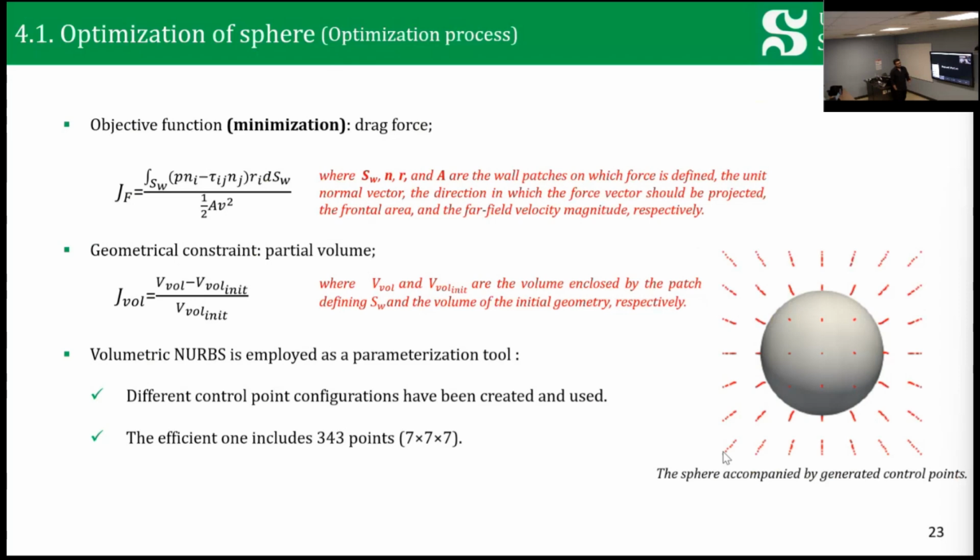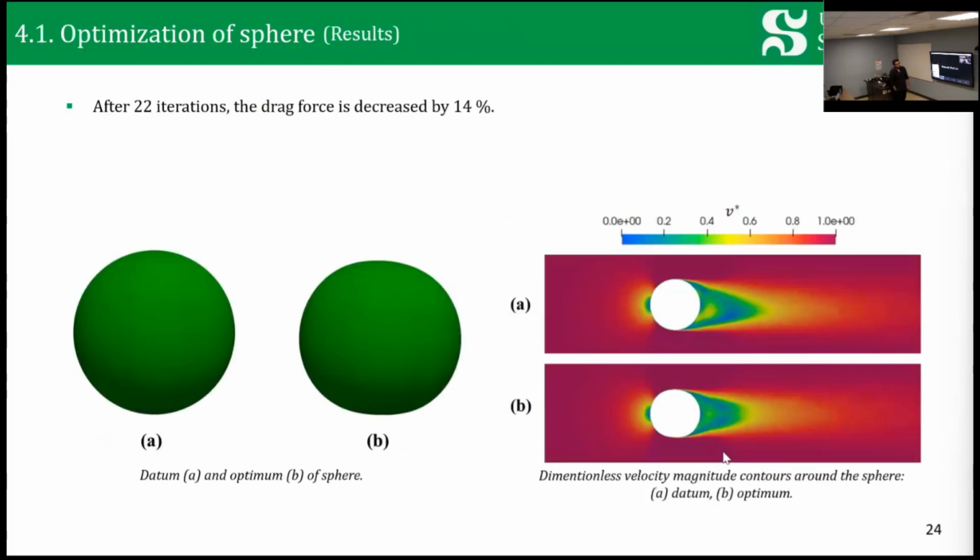We have 7 control points in each direction. After 22 iterations, the drag force is decreased by 14%. As you can see, the wake behind the optimized one is a bit smaller than behind the initial sphere.